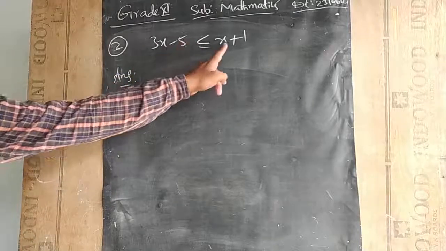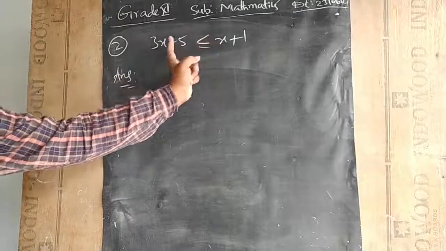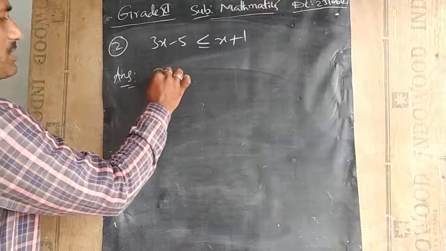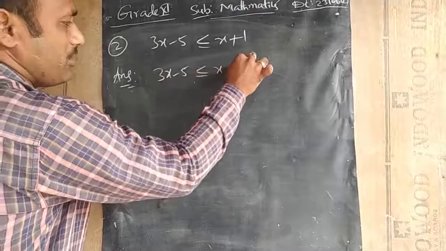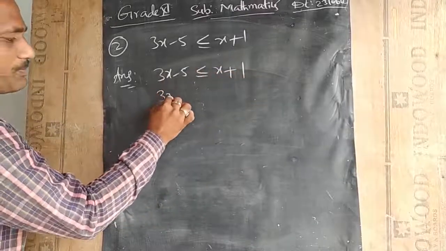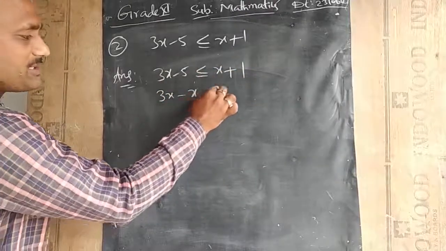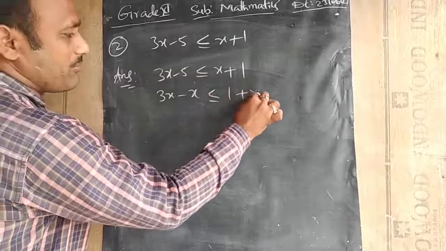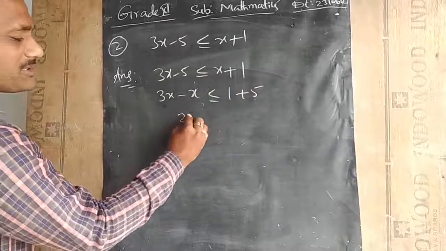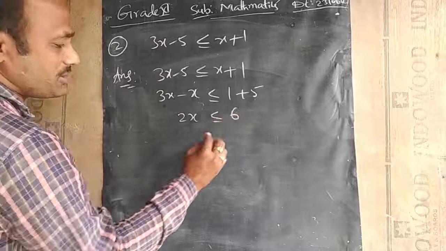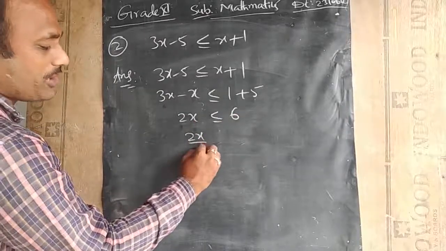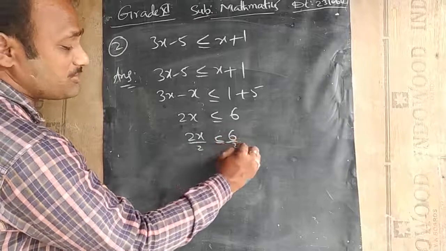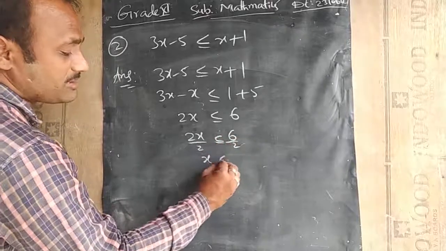In this case we transpose the variables to one side and numbers to the other side. Transposing x to this side it becomes minus x, and 1 plus 5 gives 6. So 3x - x is 2x, less than or equal to 6. Dividing by 2, x is less than or equal to 3.